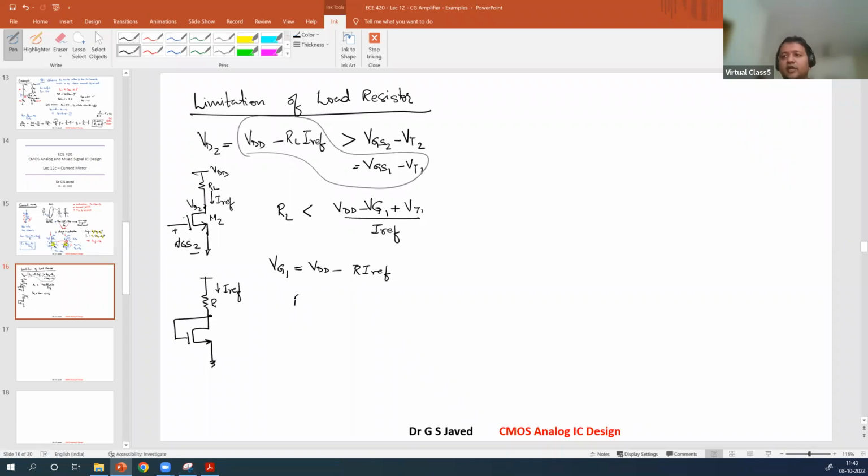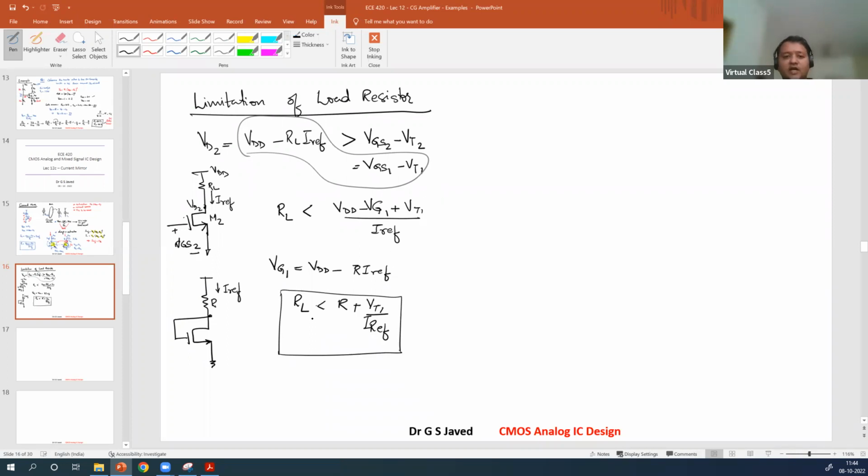Alternatively, you can write this RL factor to be VDD minus VG1 plus VT1, divided by IRF. Now if you substitute for the VG value, you will get RL should be less than R plus VT1 by IRF.